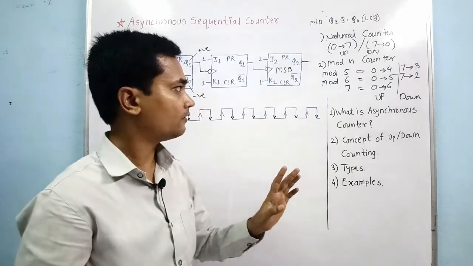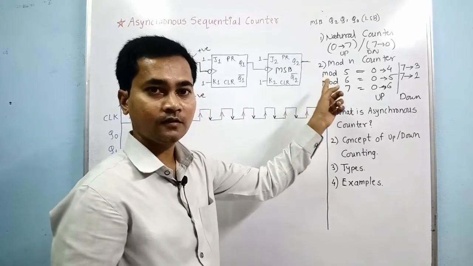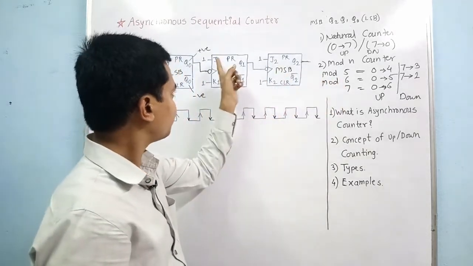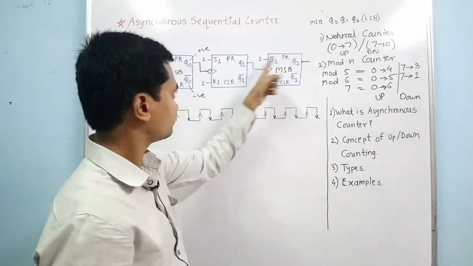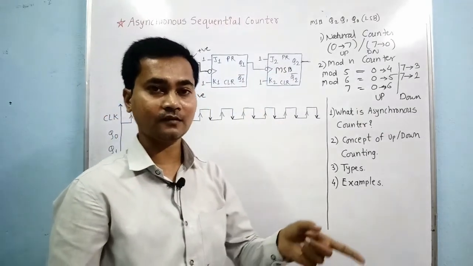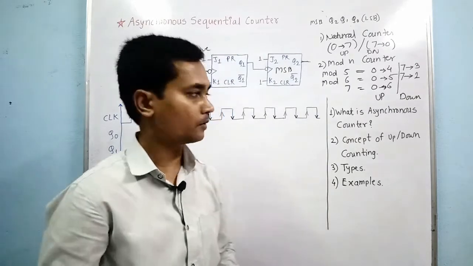So when the value 0, 0, 1 arrives at the output of these flip-flops, at that time the signal will be given to the preset, which just sets the outputs of the flip-flops.